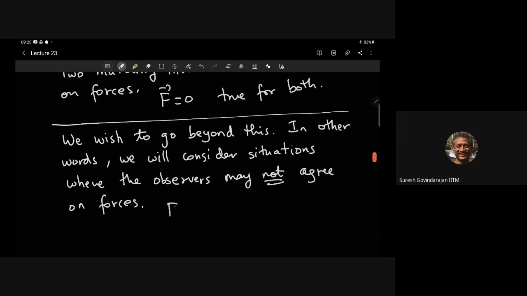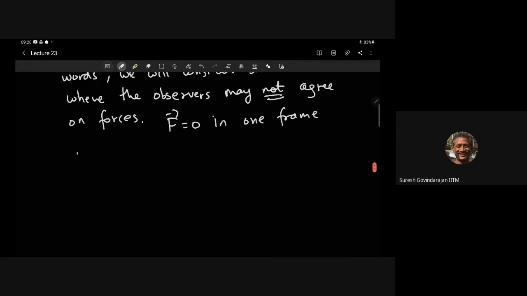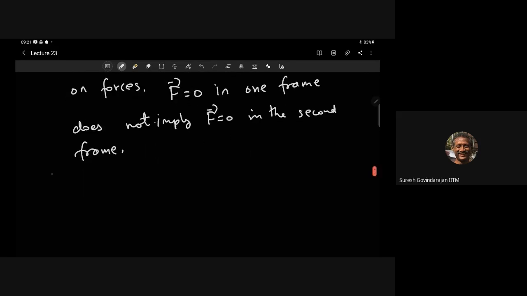So F equal to 0 in one frame does not imply, not may, F equal to 0 in the other frame. I'll show you in a moment how this will come about. Is this point clear?